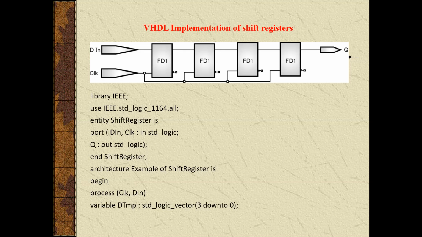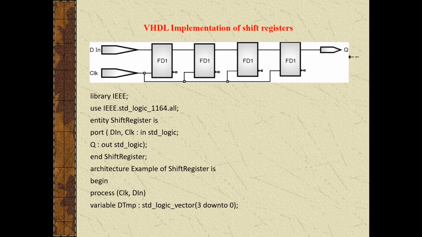Here the parallel input or parallel output is what we are going to use. So we declare the variable DTMP as a std_logic_vector, 3 down to 0.